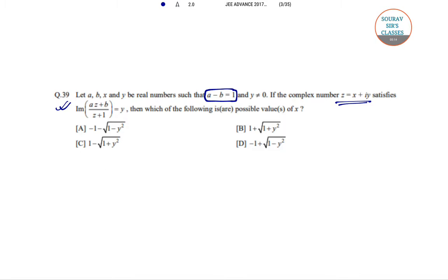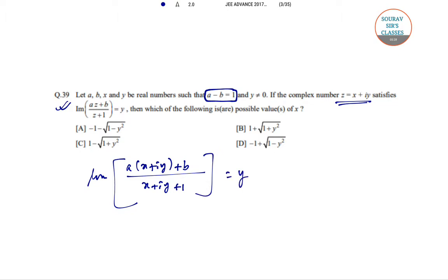So here we are just putting the value of z as x plus iy. So this will directly get us (x plus 1) whole square plus y square equal to 1.